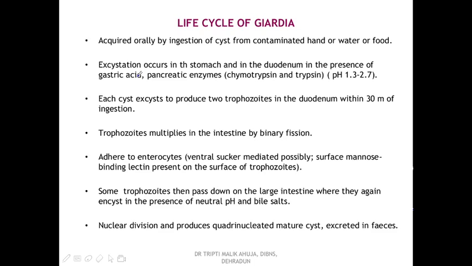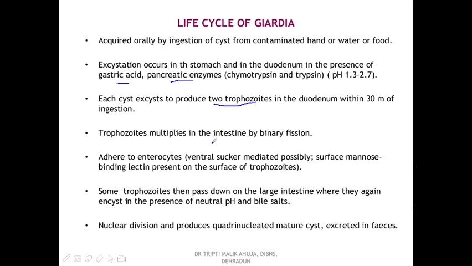Excystation occurs in the stomach and the duodenum in the presence of gastric acid and enzymes, where the pH is low, 1.3 to 2.7. From each cyst, 2 trophozoites are produced in the duodenum within 30 minutes of ingestion of the cyst.